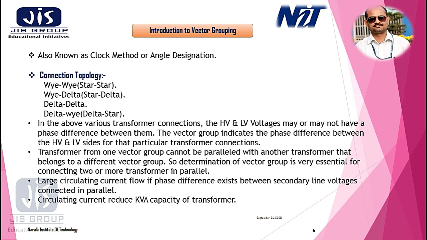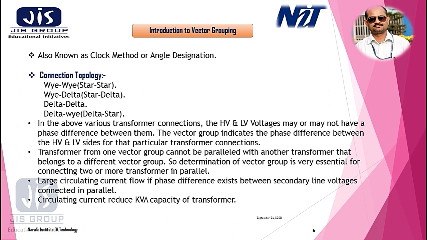So these are the various transformer connections. Now in the above various transformer connections, the high voltage and low voltage may or may not have a phase difference between them.